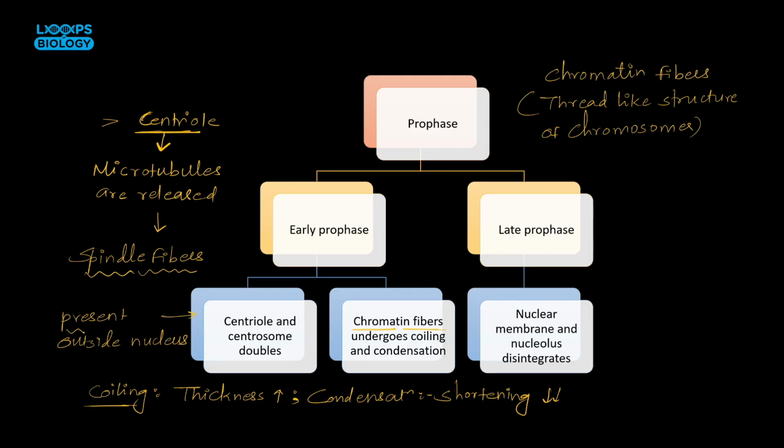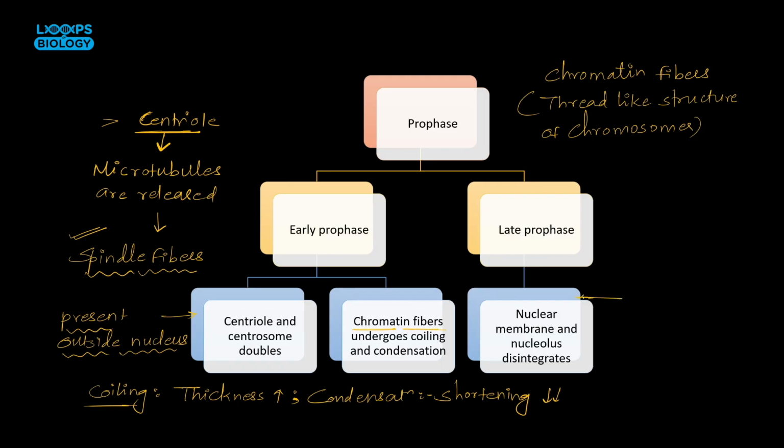If we have to separate the chromosomes, we require spindle fibers to attach to the chromosomes, and these spindle fibers are released by the centriole, which is present outside the nucleus. So as soon as we break the nuclear membrane, we expose all the chromosomes to the spindle fibers, so that the pulling force will be applied and the chromosomes will get separated.